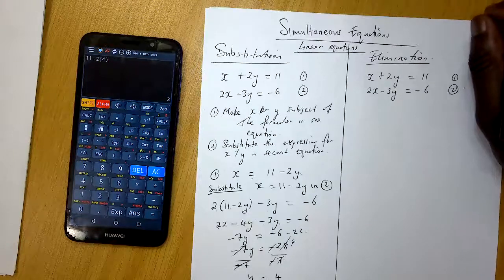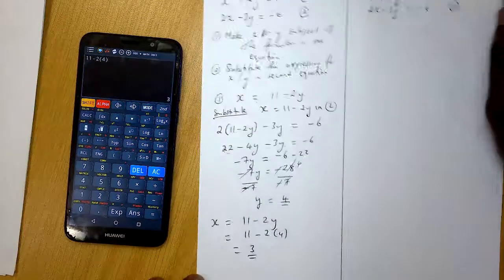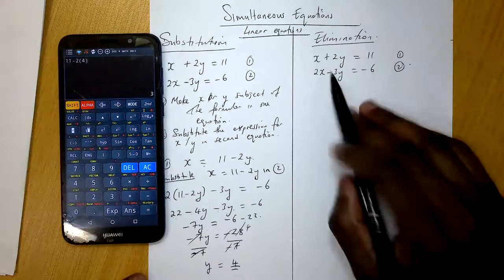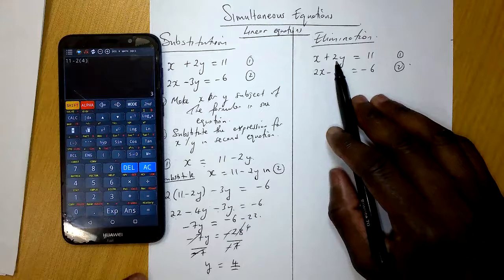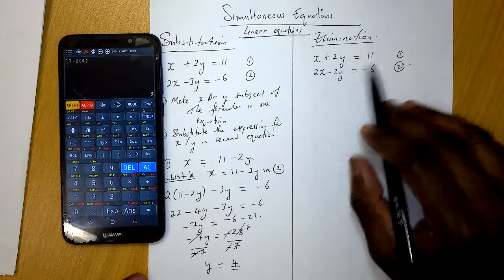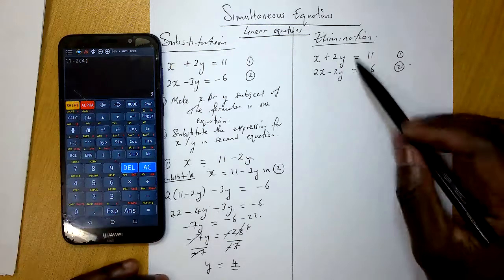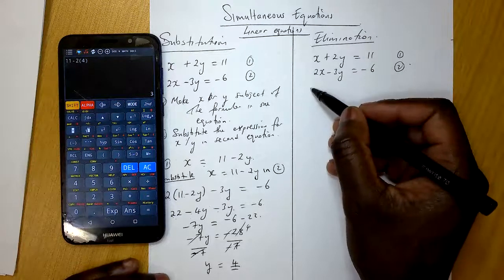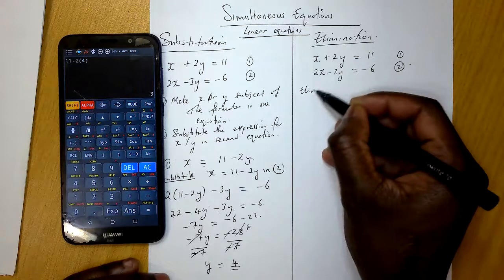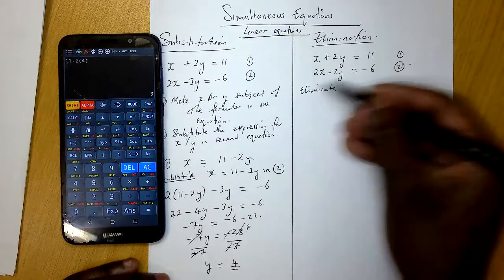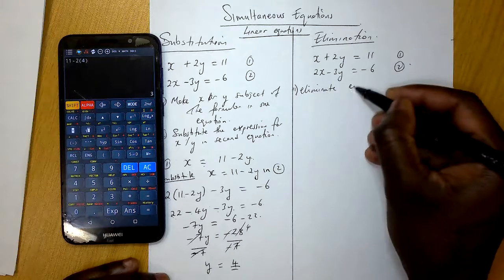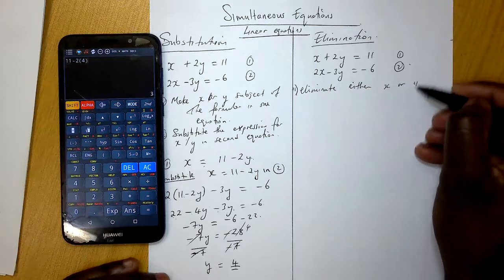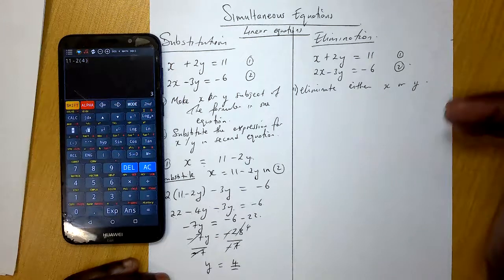Let's see what we have on the other side, where we are given x plus 2y is equal to 11. It's the same equation, but now we're using elimination. Here you need to eliminate either x or y. How do we eliminate this?